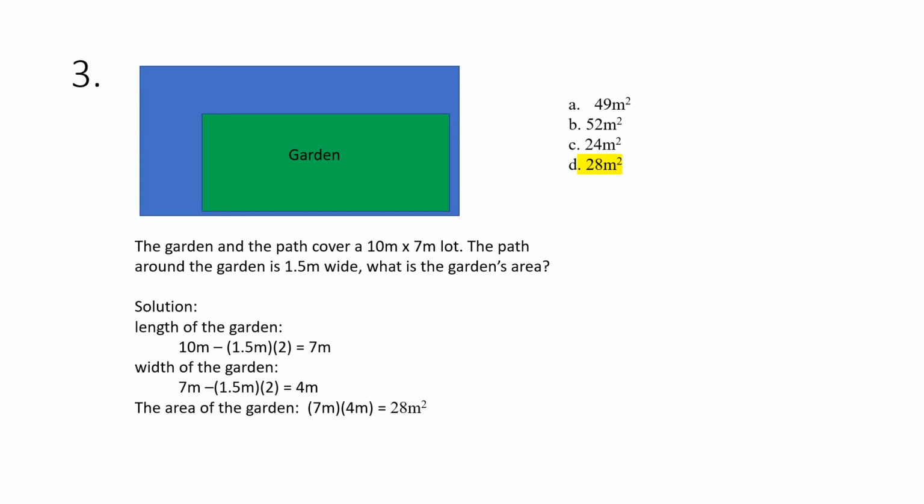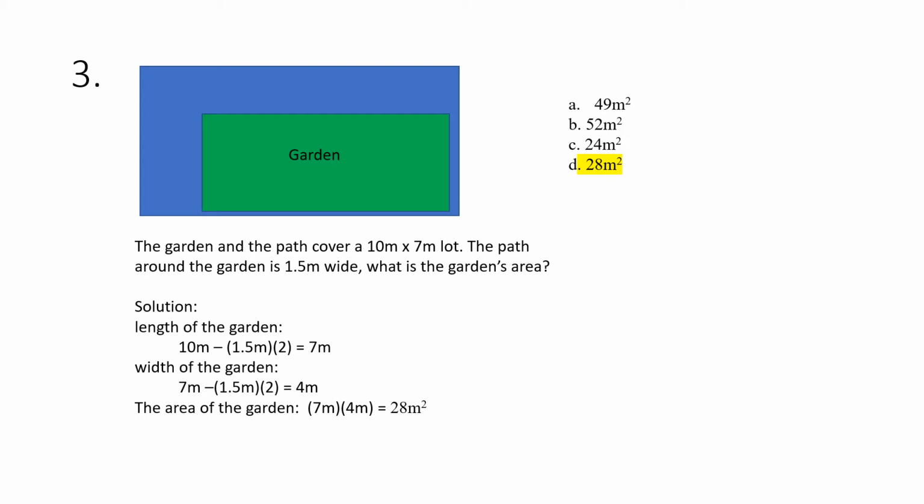For number three, we are given the illustration and we're looking for the area of the garden. And if the path's width is 1.5 meters, then we would have to cut two portions of 1.5 for the width and two portions of the path for the length.